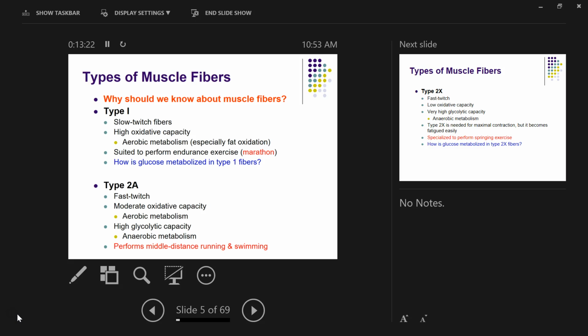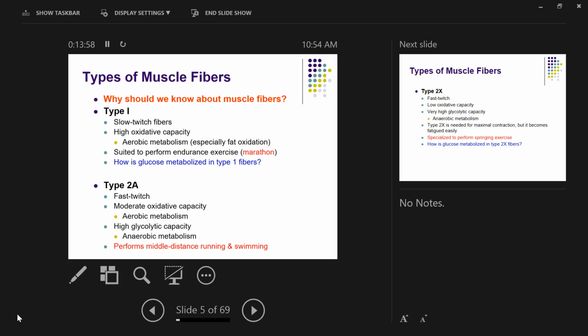Like here, I'm mentioning the glucose completely oxidized through the TCA cycle. And this type of fiber is suitable for performing endurance exercise, for example, marathon. So marathon type of exercise usually utilizes these type 1 fibers during the exercise.